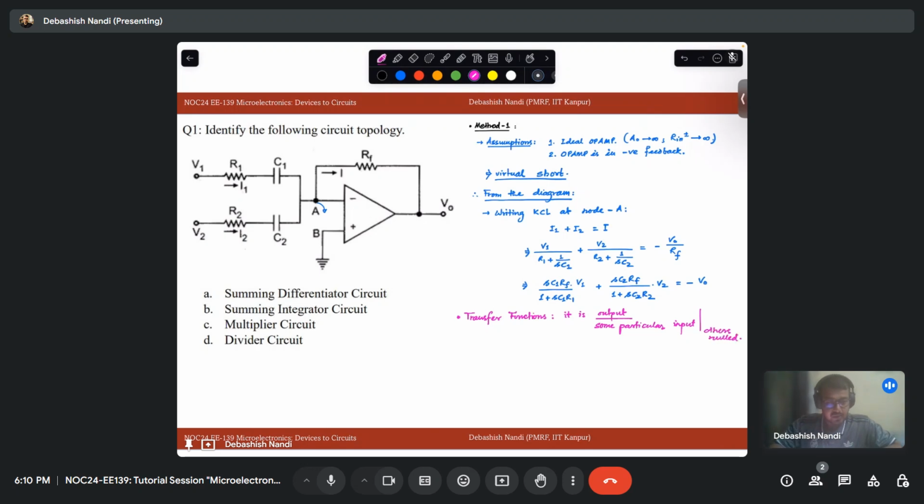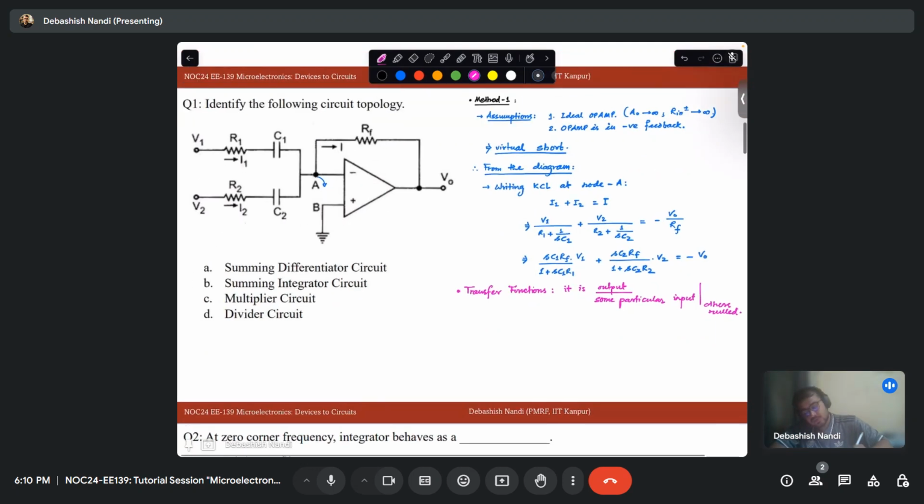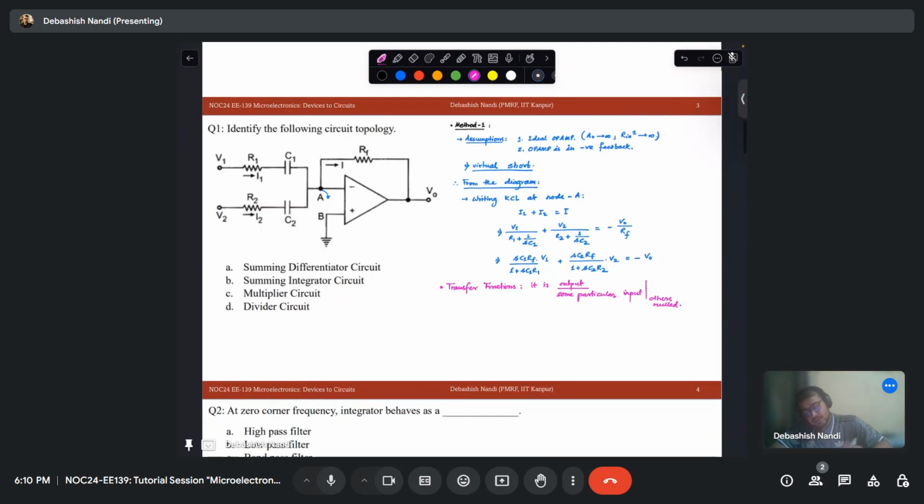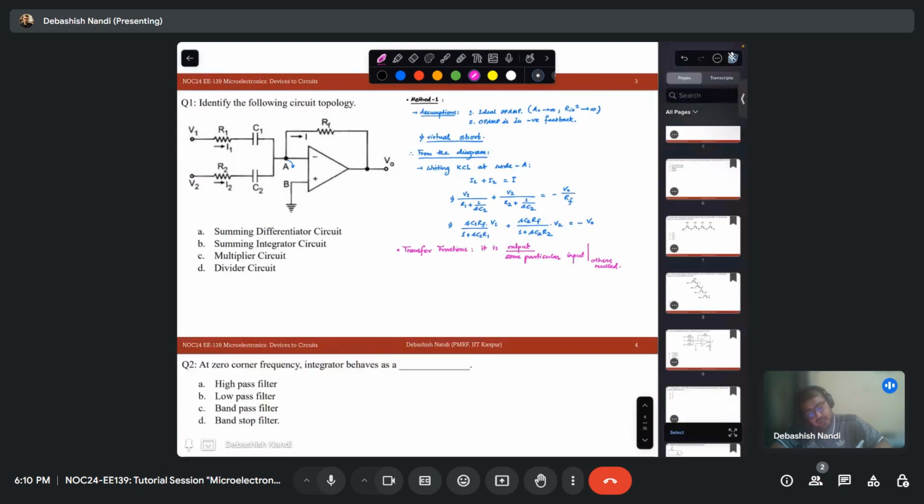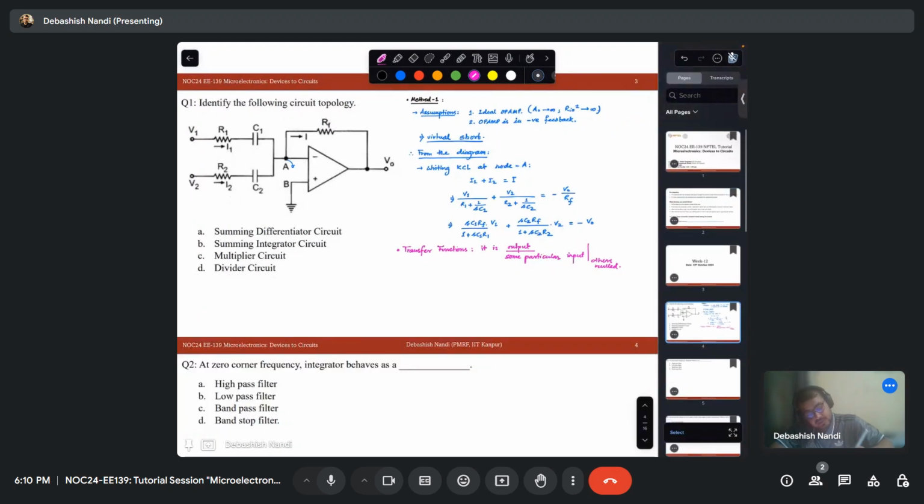Suppose I want to find out the transfer function of V0 over V1, then I need to make V2 equal to 0. Now let me just add another page.